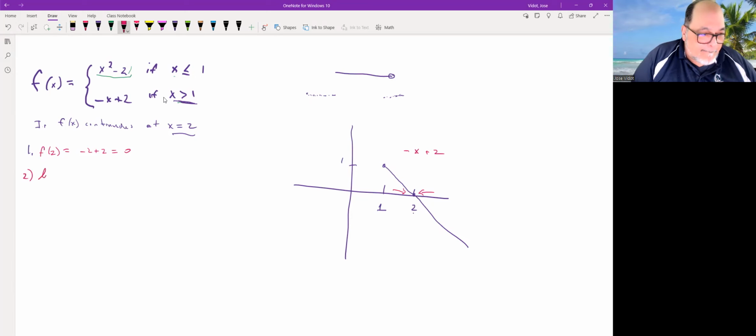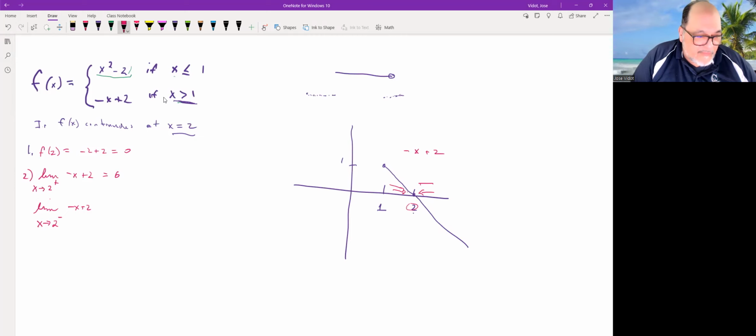The limit as x approaches 2 from the right of negative x plus 2 is equal to what? Well, if you're approaching from the right, you're coming to the 2, you're getting close to 0. And the limit as x approaches 2 from the left of negative x plus 2 is, you're coming this way, approaching 2.